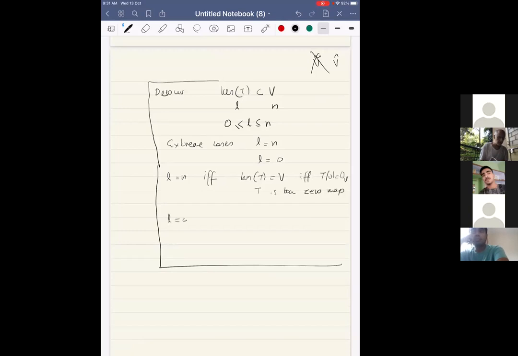Now, if L equal to 0, this is true if and only if kernel of T consists of only the zero vector. And this is true if and only if T is, now I want you to complete this sentence. Injective. It's injective.